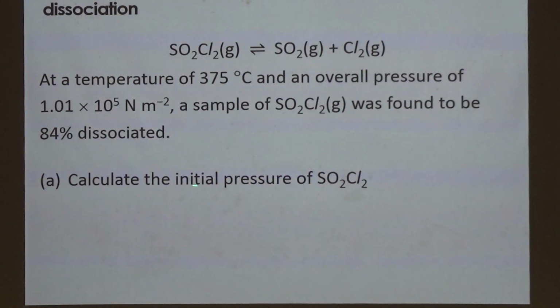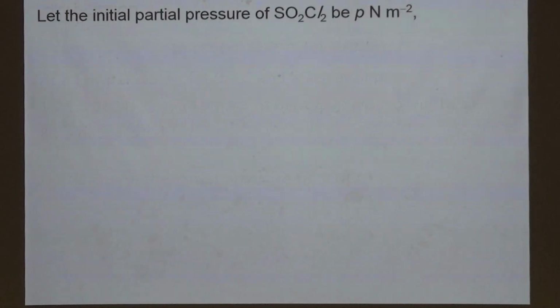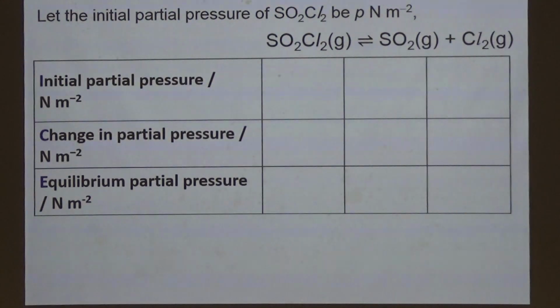So A, calculate the initial pressure of SO2Cl2. Because we have learned the ICE table, you can fill it in first. You added SO2Cl2, let the partial pressure be P first.